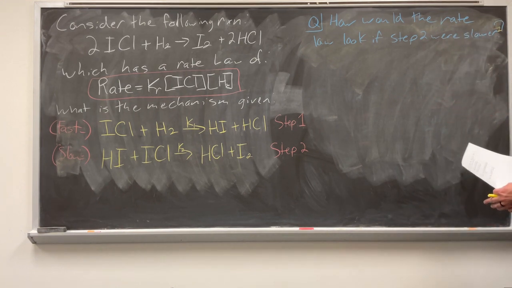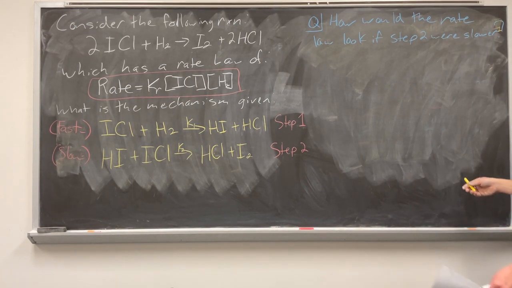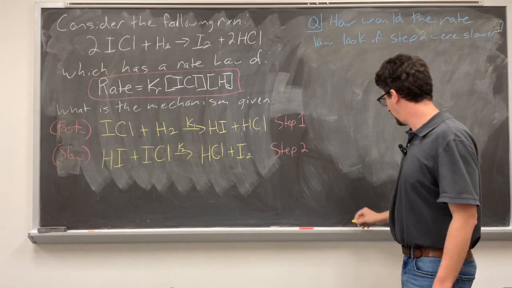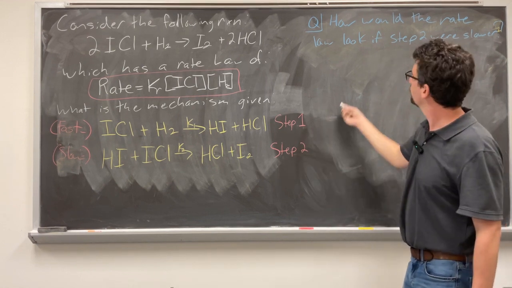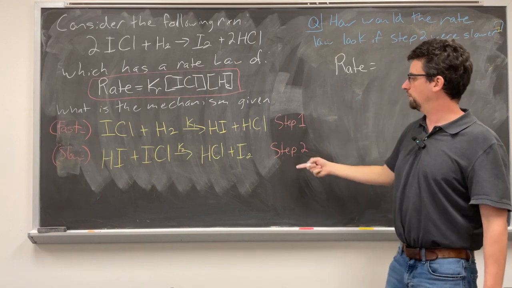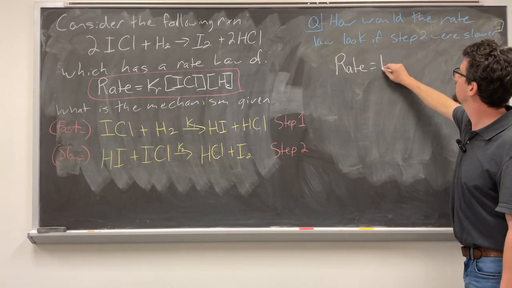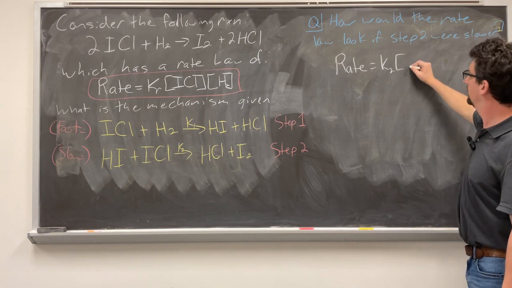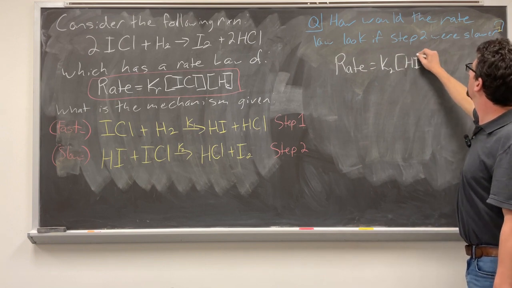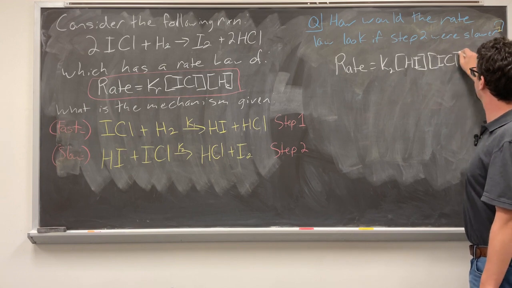Okay. So, in order to define that, we know that the rate would be dependent on step two because it's the slower step. And since it's an elementary reaction, we can say that this is true.